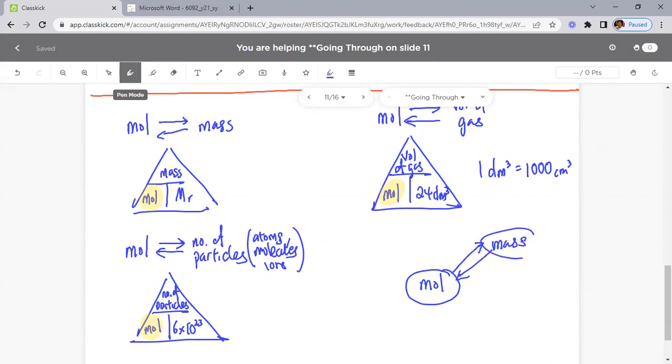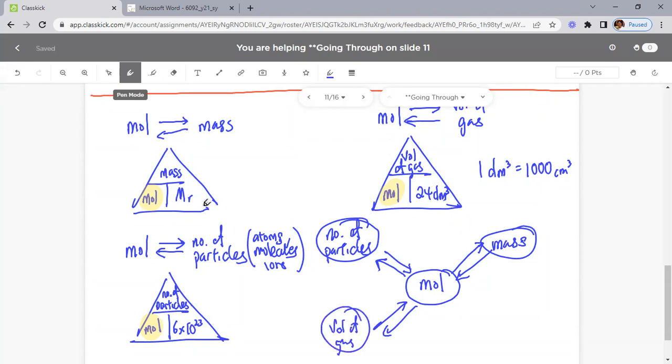From mole, I can also get to the number of particles. And interconvert with this one will be volume of gas. These are the 3 that we have learned to interconvert.